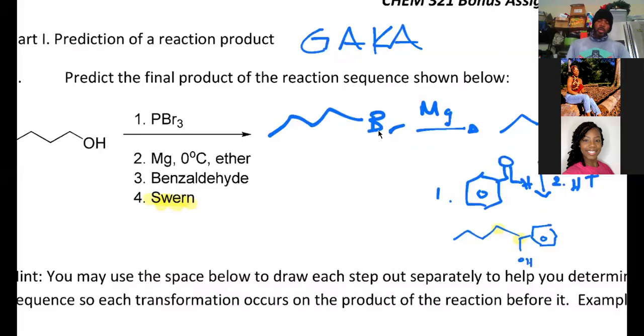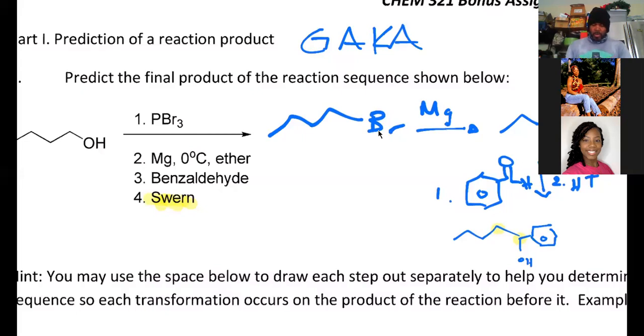So the Swern is a way to oxidize alcohols to carbonyls. That's what it does. You can look up the reagents. I'm not really concerned about that part or the mechanism. I just want you to know what it does.